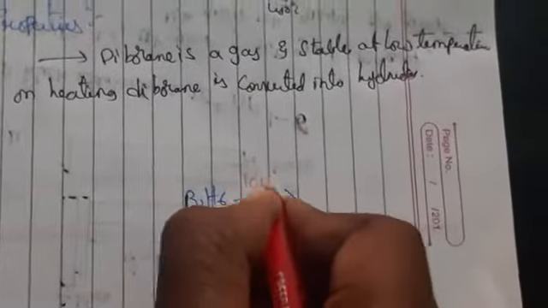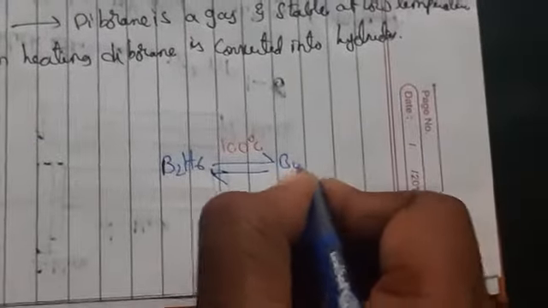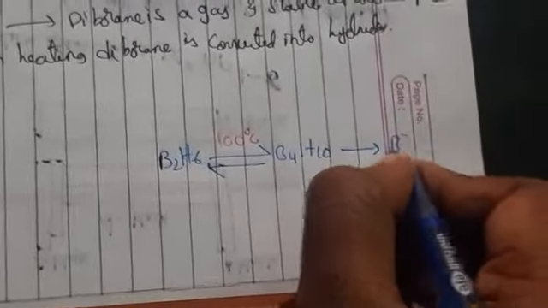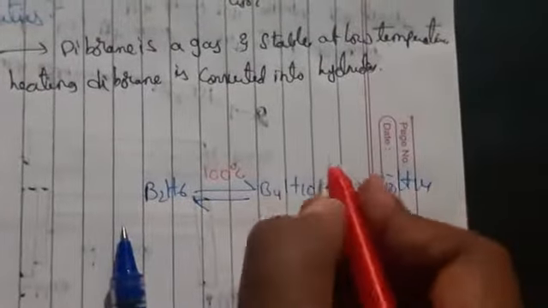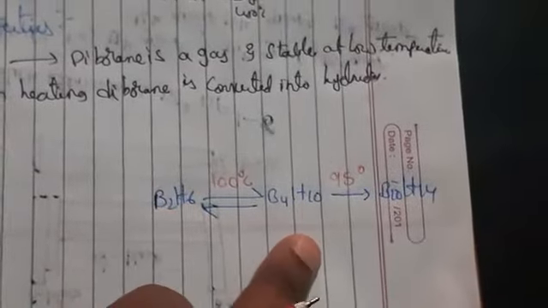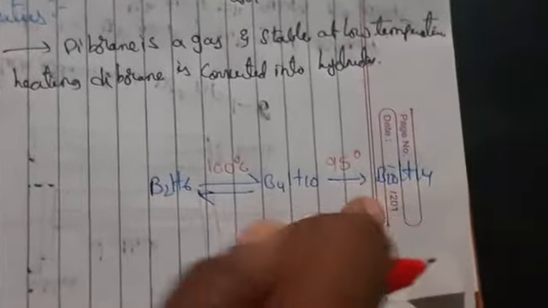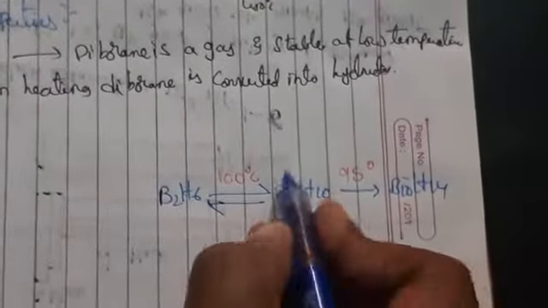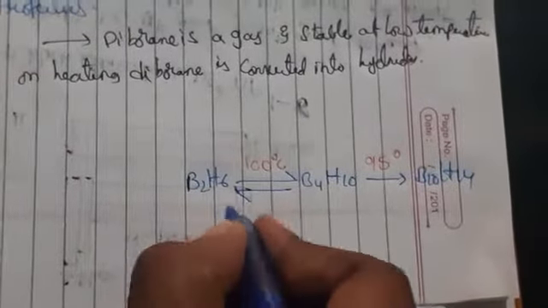At 100 degrees centigrade when I heat it, it will form B4H10, and at 95 degrees it forms B10H14. Observe clearly: at 100 degrees diborane is heated, it forms B4H10, and at 95 degrees when heating, it forms B10H14.